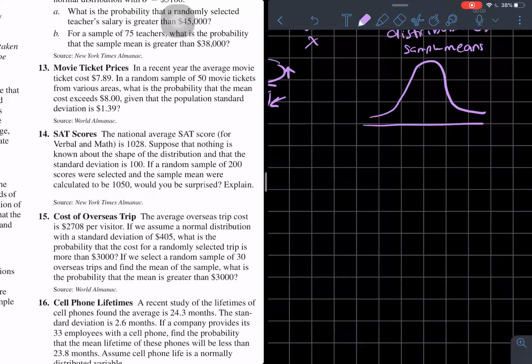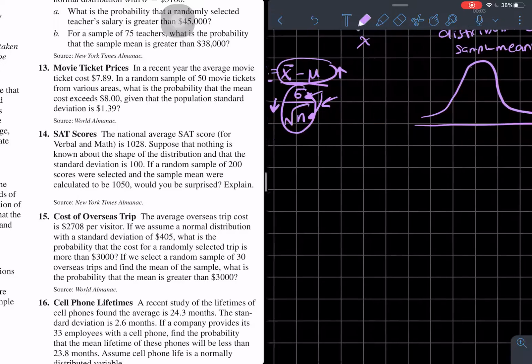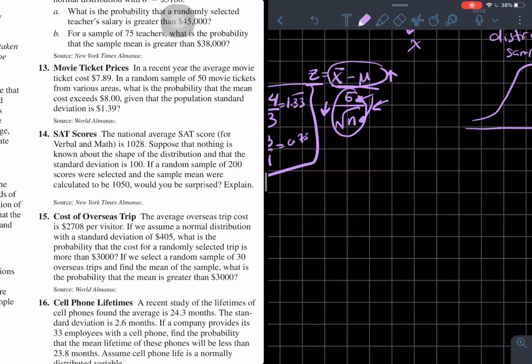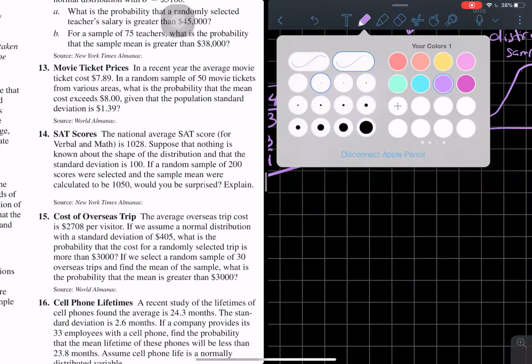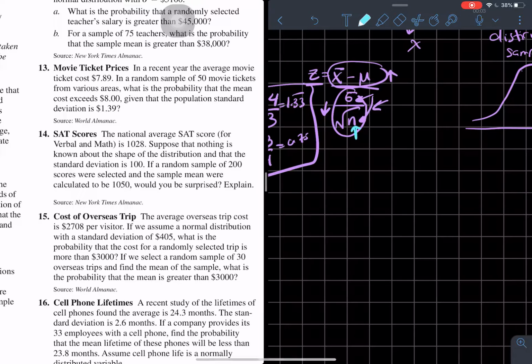And actually, a nice thing about it is that as the sample size n gets a lot bigger, like right now we have 200, which is quite big, this whole fraction gets a lot smaller. And because this fraction gets really small, then z will be considerably big.